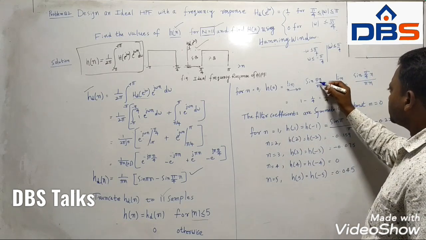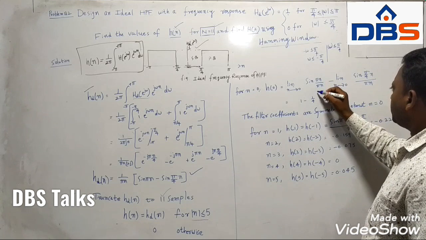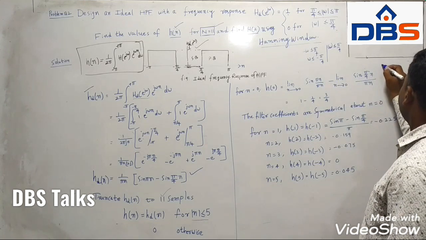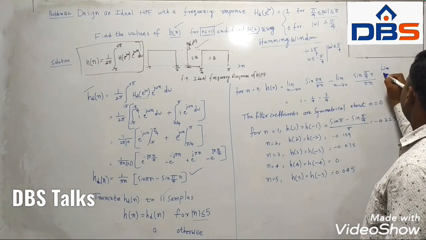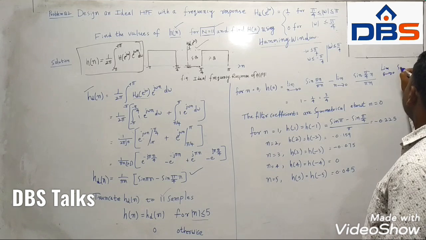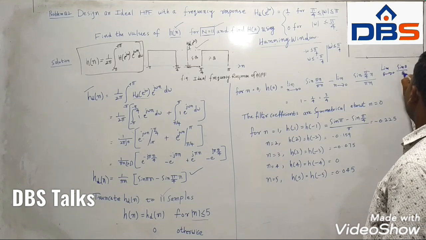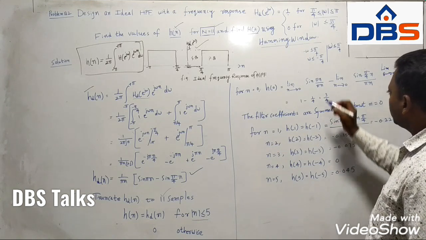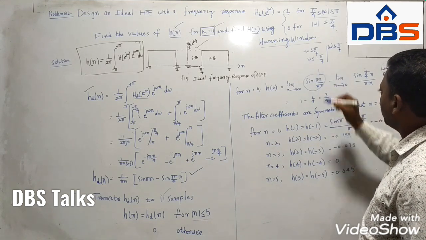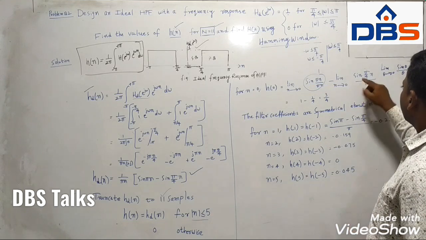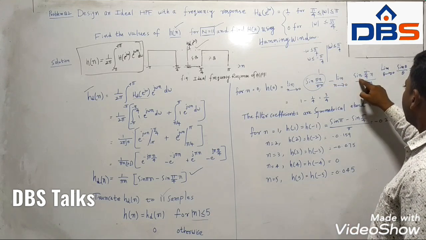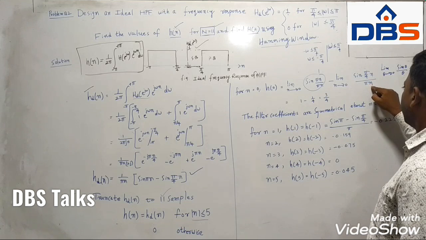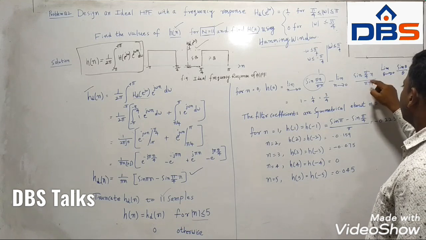The formula is that the limit as theta tends to 0 of sin theta by theta is 1. So the first function value is 1, and the limit as n tends to 0 of sin pi n by 4 by pi n gives 1 by 4.